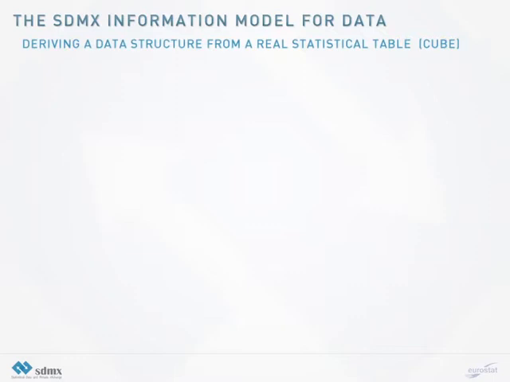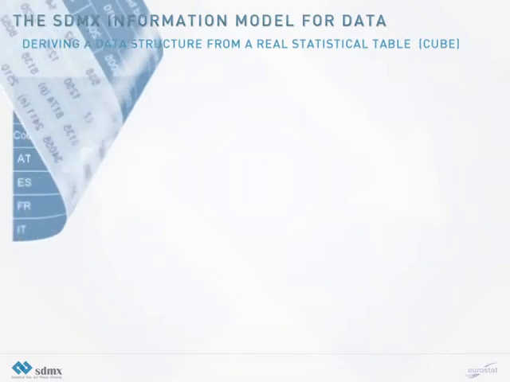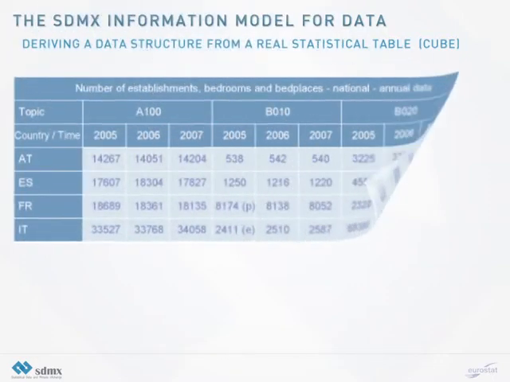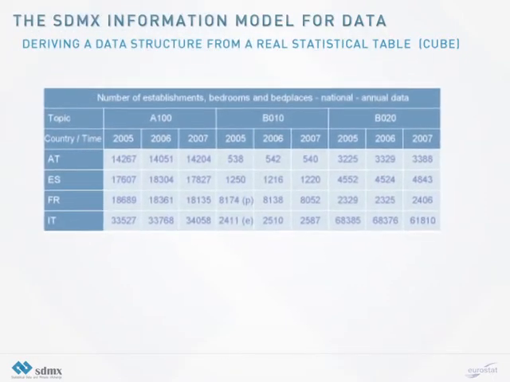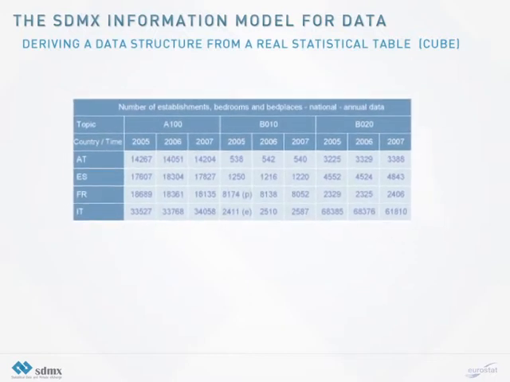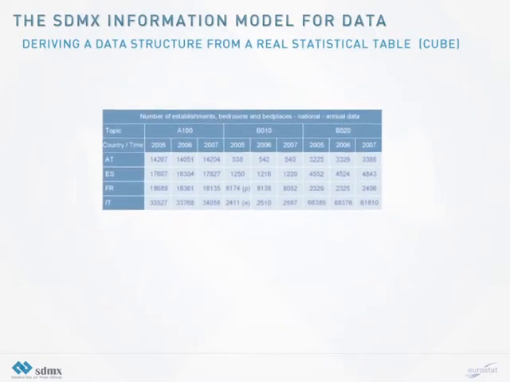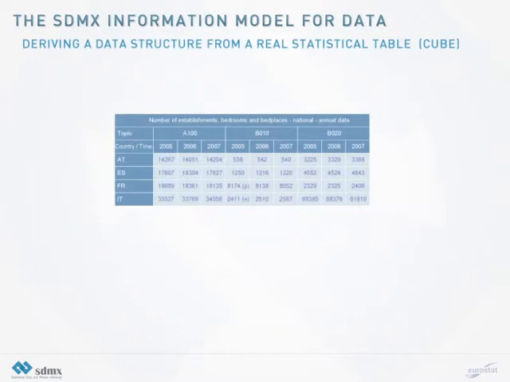To see how it is implemented, let's take a real example from the tourism domain. Let's imagine we have to create a DSD for tourism statistics. Take a simplified table, 3 tourism topics over 3 periods.